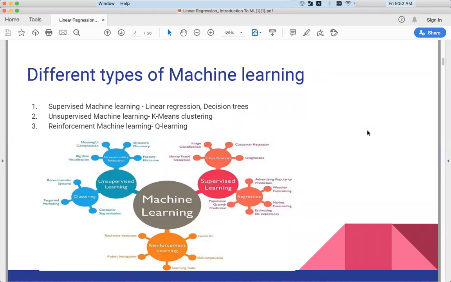What are the definitions of deep learning, machine learning, artificial intelligence, big data? What are the different types of machine learning algorithms? You have supervised, unsupervised, and reinforcement machine learning algorithms. This was more like a talking class, but tomorrow we'll do linear regression, so you will find it interesting. So I'll close the class here today. If you have any other questions, you can ask.